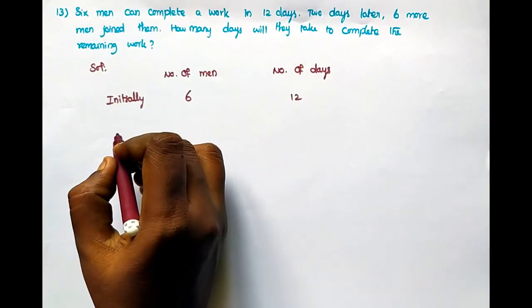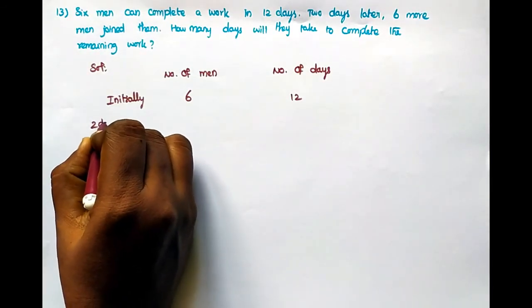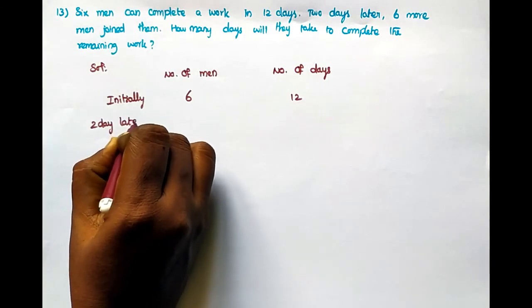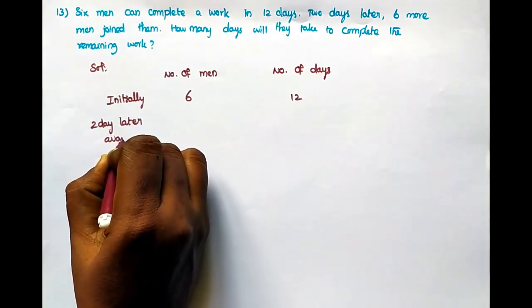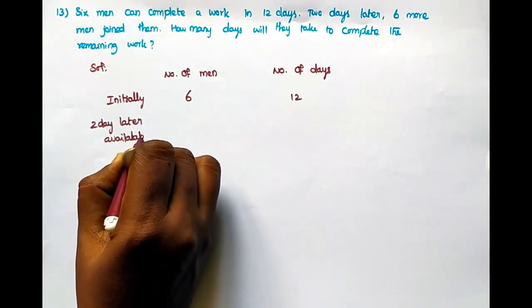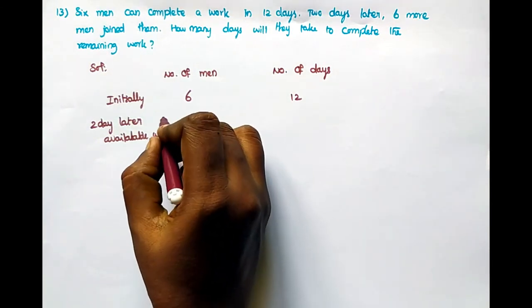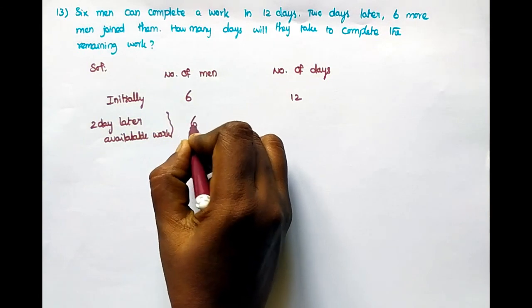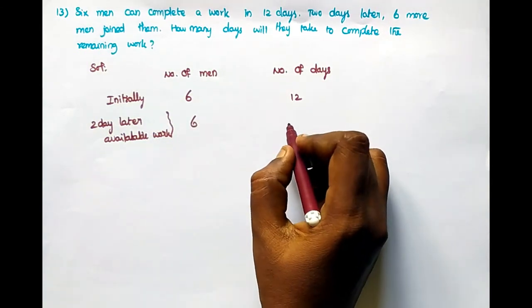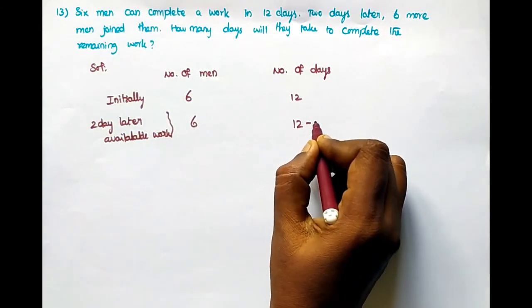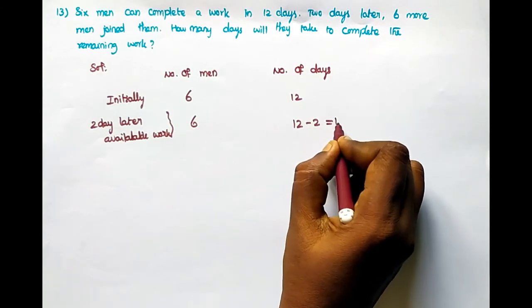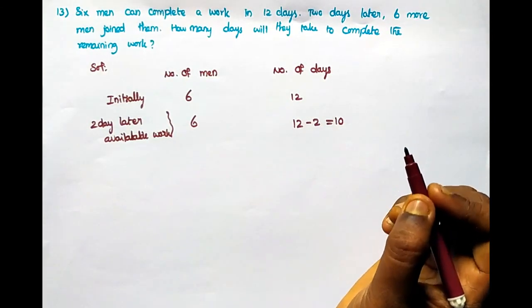12 days. So 2 days later, available work. 2 days later means here 6 men only, but 2 days of work completed. So only the remaining 10 days of work.